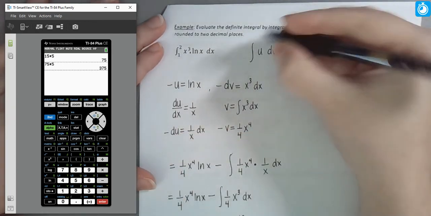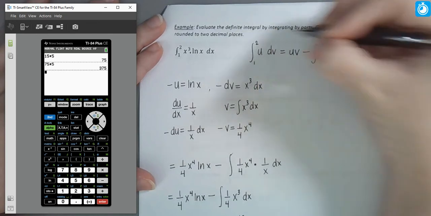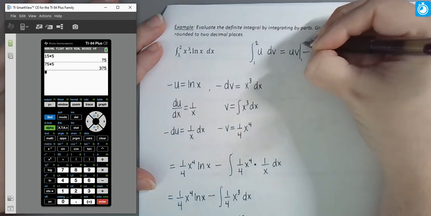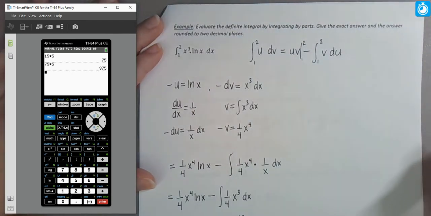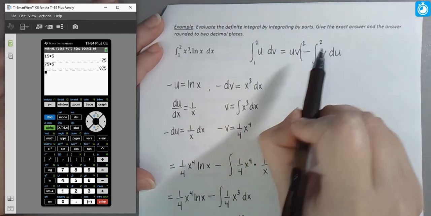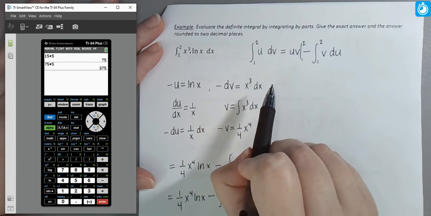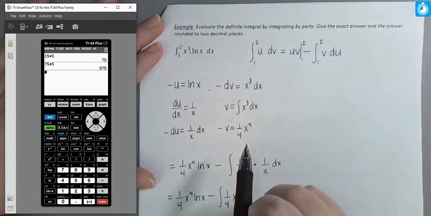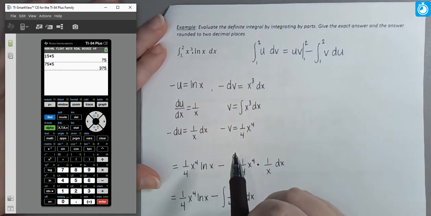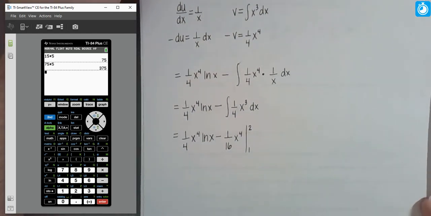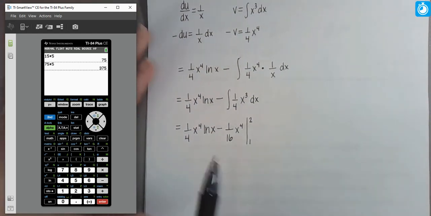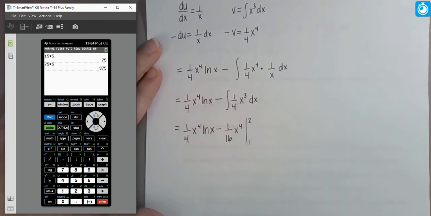That means the limits of integration, whatever they happen to be, are going to apply to every single part of this problem when we use the formula, because both terms over here are being used to generate this antiderivative that we were attempting to find using the integration by parts formula. So we have to plug in our limits of integration to both terms.